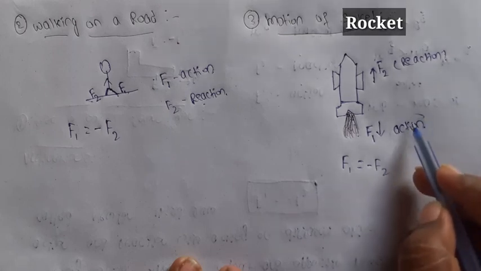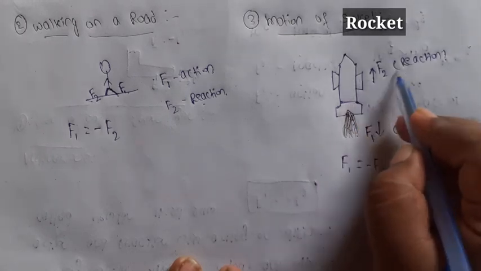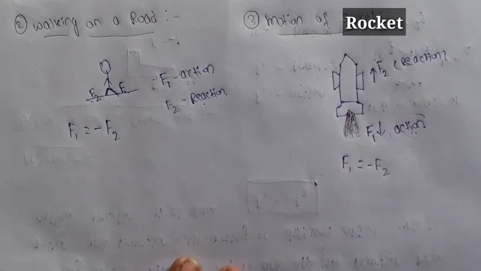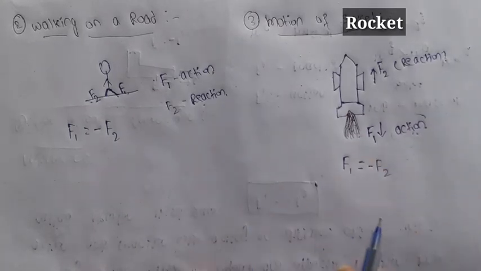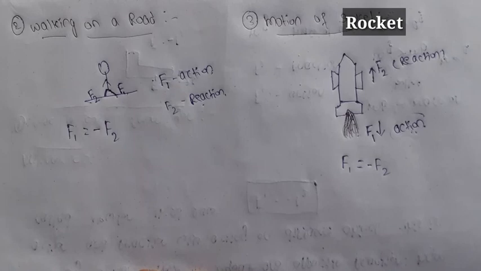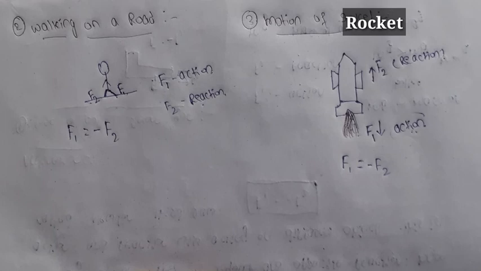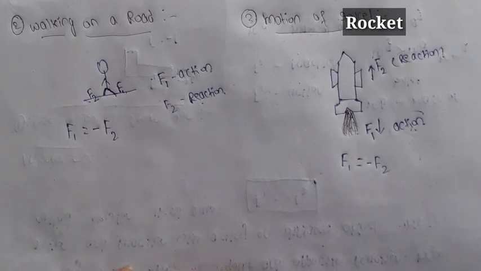Due to this action, the rocket will move in the forward direction. In every case, what are we understanding? Due to the action force, reaction will be performed. Without action, we can't produce reaction. One more point here: action and reaction must be acting on different bodies.